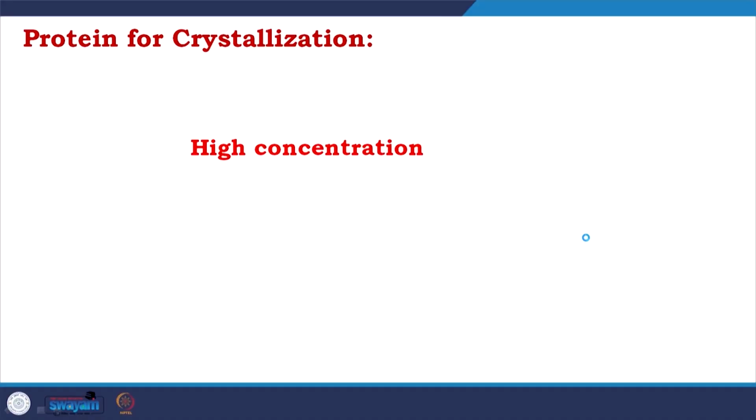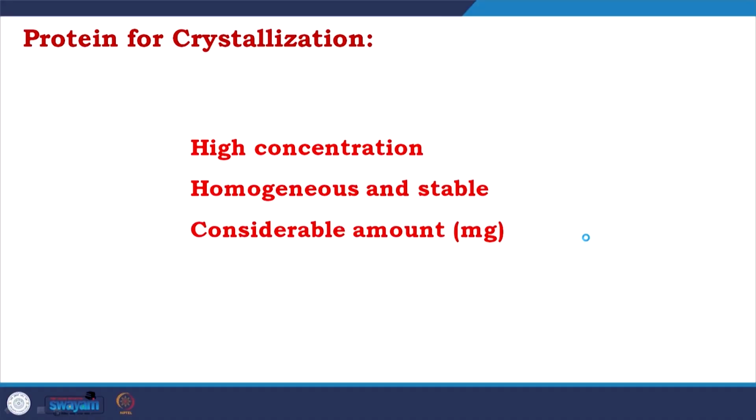So, now the protein is ready for crystallization. Three things are very important. One, high concentration of protein is needed for crystallography. Homogeneous and stable: the protein has to be stable and has to be homogeneous. You cannot have impurity. If you have a second protein present, your protein has a much lower chance of crystallization.